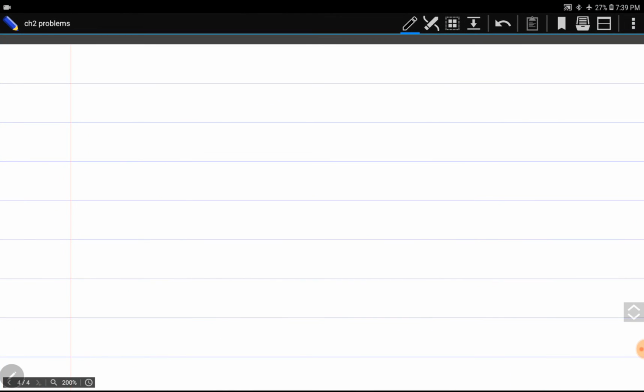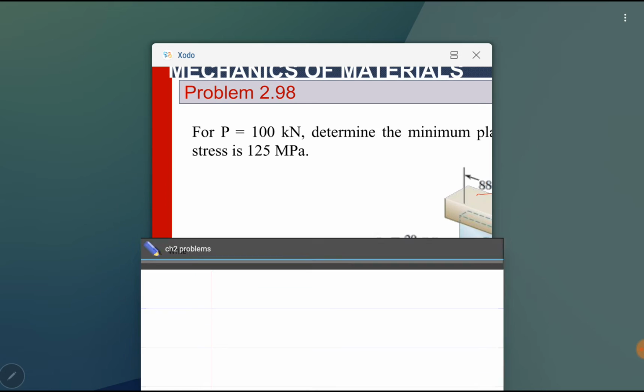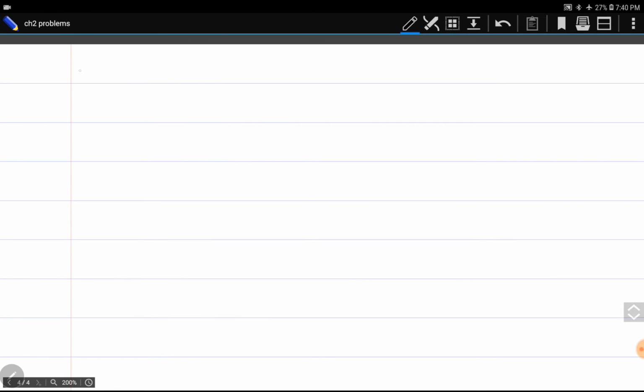This is problem number 298. Radius of the hole is r, which is 20 mm. Small d is capital D minus 2 times the radius of the hole.